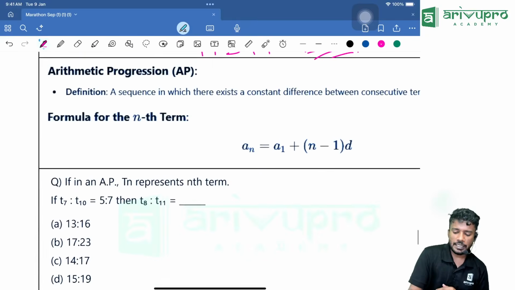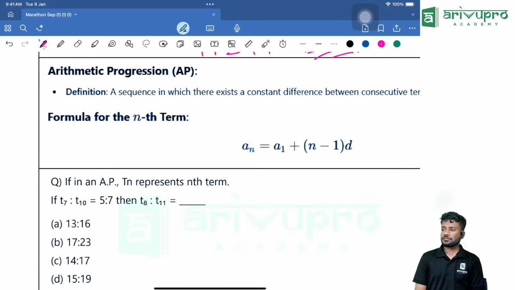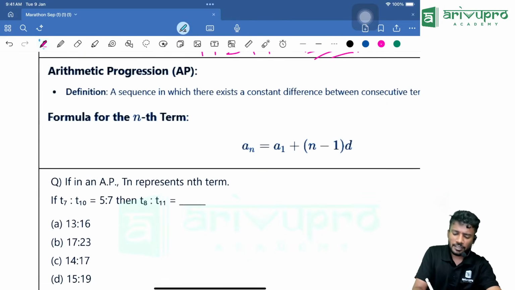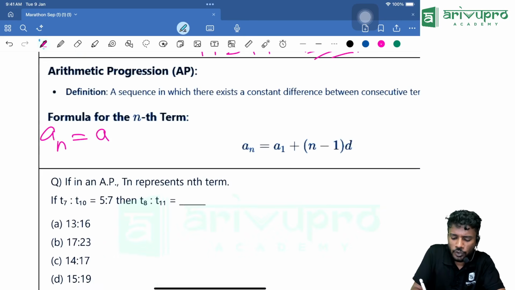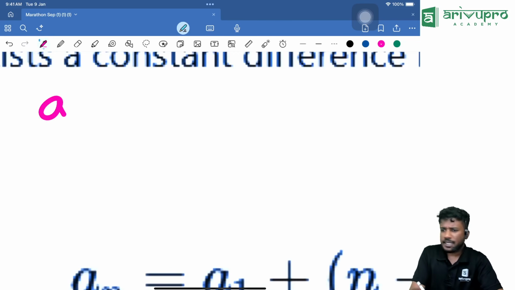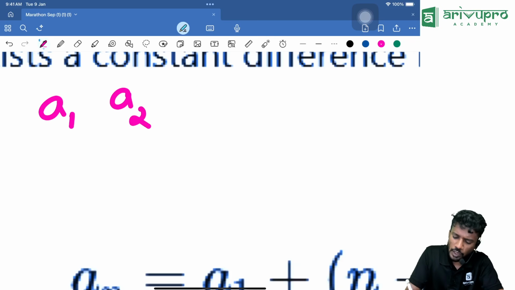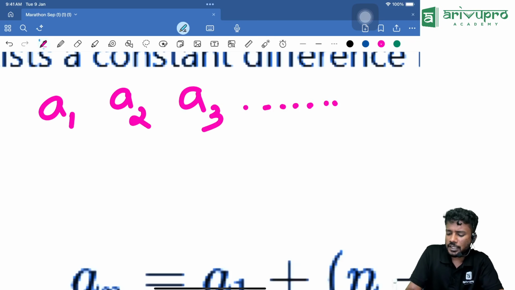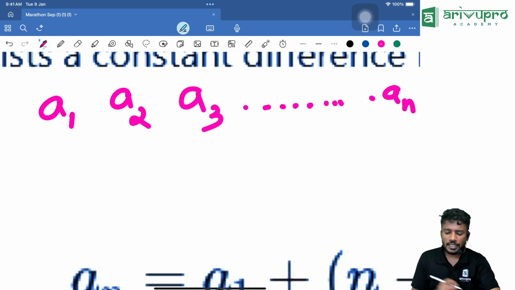Yeah. Now, AP. What is the nth term of an AP? An is equal to A plus n minus 1 into D. Now, A is the first term, which we will call A1. The second term is A2, A3, etc., up to An. Now, what is the common difference?